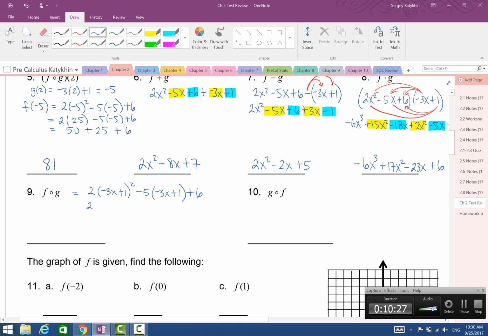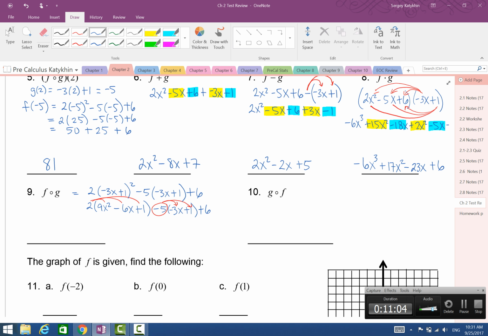Then we get 2. When I square this, the negative 3x plus 1, I get positive 9x squared. I will also get negative 6x, and then plus 1. And then we have negative 5 times negative 3x plus 1, plus 6. So from here I can distribute the 2, and at the same time I can distribute the negative 5.